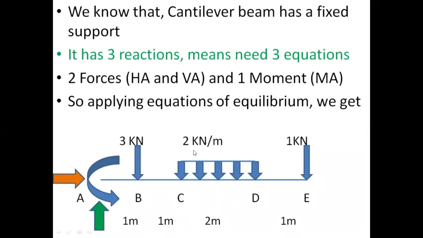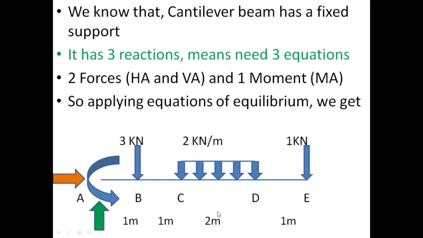So 2 kilonewton into 2 meter, कारण की एका मीटरला 2 kilonewton आहे. करेक्ट. एका मीटर साठी 2 kilonewton आहे, म्हणून तो 2 मीटर साठी किती असेल? 2 into 2. करेक्ट. So multiply the intensity to the distance over which it is acting or it is spread.